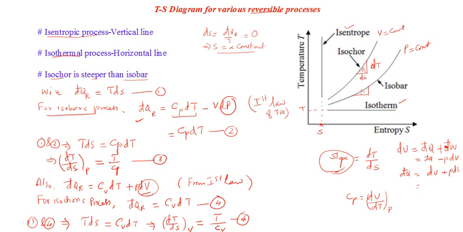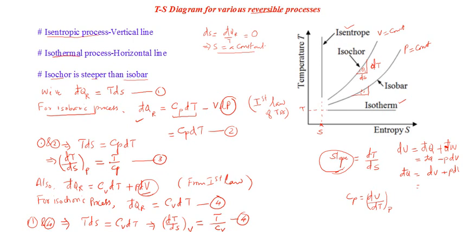You can directly compare which slope will be greater, because it's for the same value of temperature. The numerator is the same, T and T, so it depends only on Cp and Cv values.